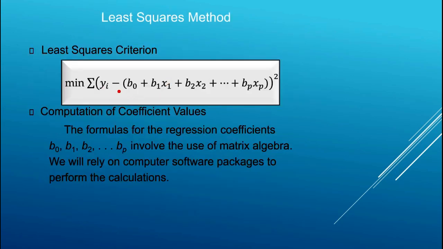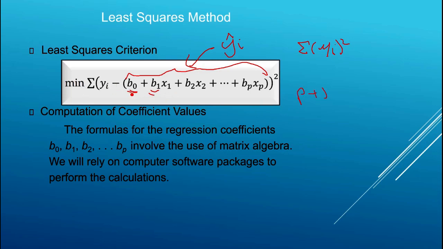So the least squares criterion, again, is exactly the same as it was before, with the exception that I've got more x's that I have to account for when I calculate y hat i. So we still have basically the sum of the squared residuals that we're minimizing, except now our choice variable set has been extended from 2, beta naught and beta 1, to p plus 1 different partial derivatives that we'll have to take.